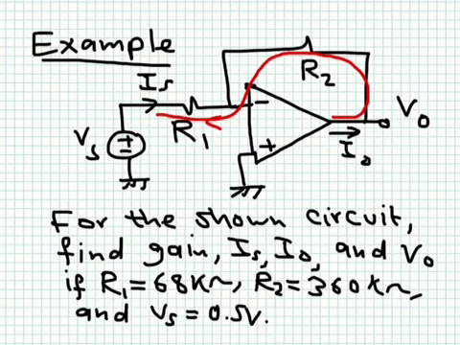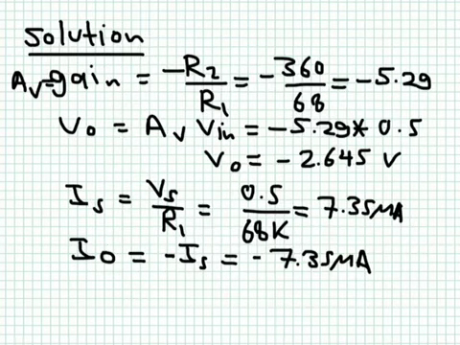So this is simply saying that the current I naught plus the current Is must be equal to 0, because these are two currents flowing into that node, or that I naught is minus Is. Now what is V out? V out is simply equal to the voltage gain, which is minus R2 over R1, multiplied by Vs. So you simply multiply the 0.5 by the gain obtained from this ratio here.